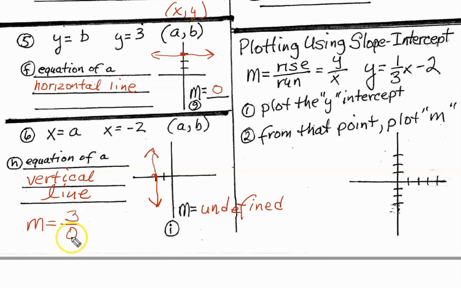So anything divided by 0 is undefined, where in number 5 you would end up with 0 in the numerator divided by 3. 0 divided by any number other than 0 is 0. All right, let's go to our second column.